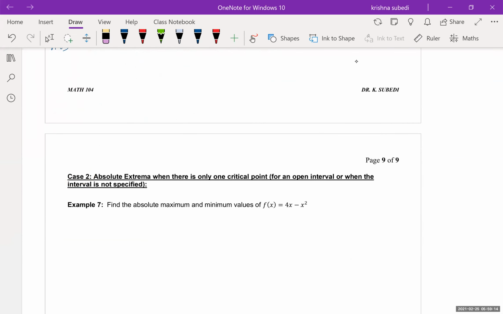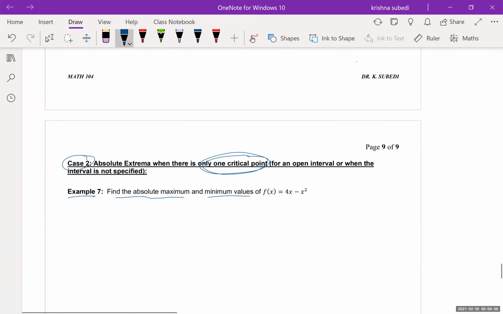Okay, case 2. Another situation arises when we are not given the endpoints, and we have only one critical point, for example. So for example 7, find the absolute maximum and minimum values of the function f of x equals 4x minus x squared.